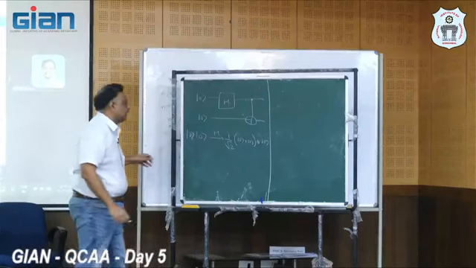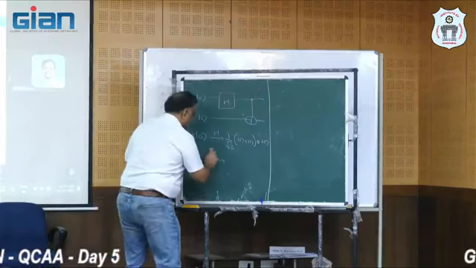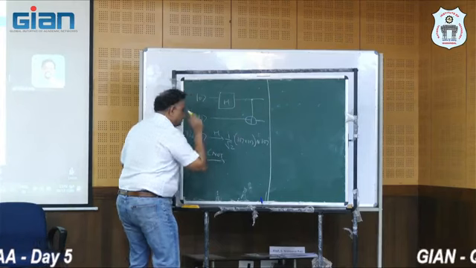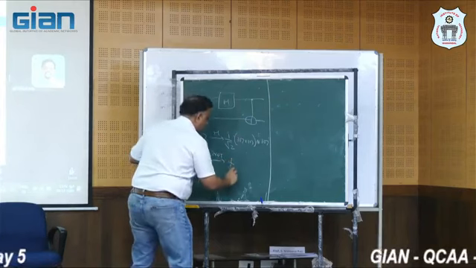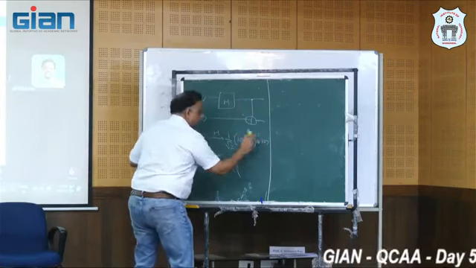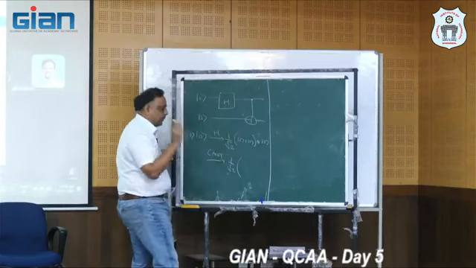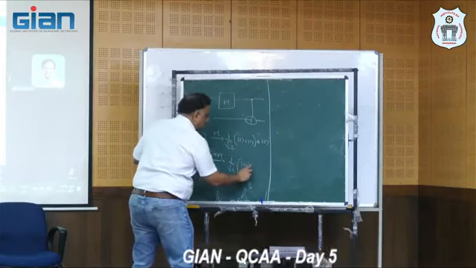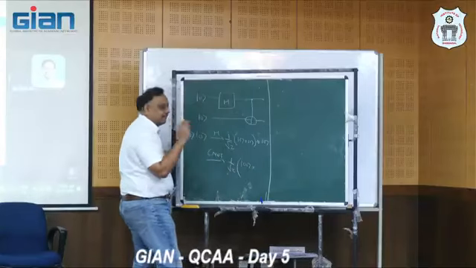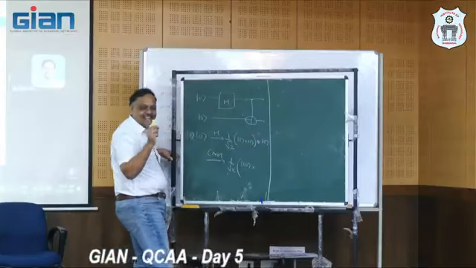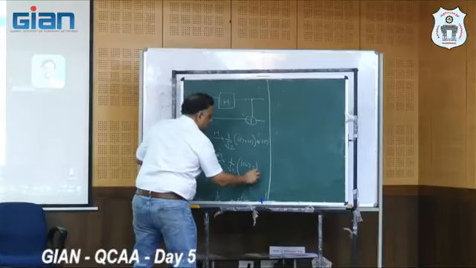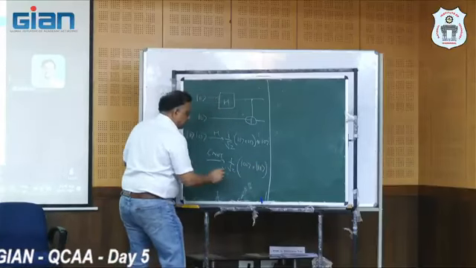On Hadamard, control CNOT, on 0, 0, nothing happens. Control on 0, nothing happens. On 1, this flips. Agreed? This is our EPR state.